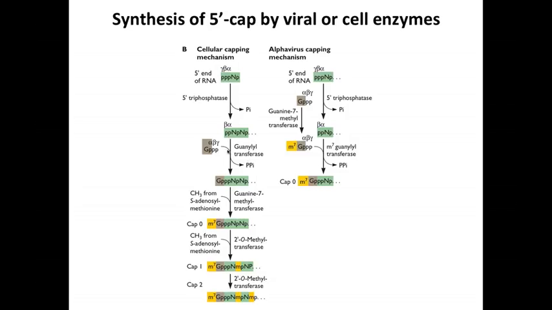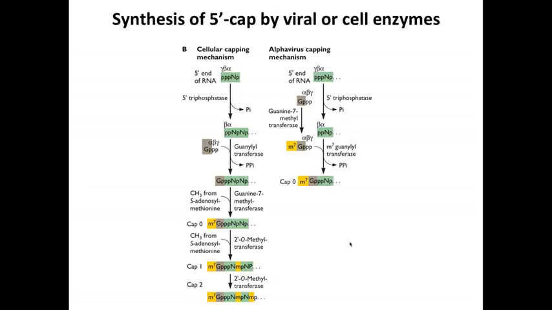Guanylyl transferase then adds GP to this RNA. It removes pyrophosphate from GTP and adds the GP to the 5' end. Now you have your inverted linkage, the 5' to 5' linkage between this G and the next base. Then you have methylation, first of the G and then of the other 2 residues, by cellular methyltransferases.